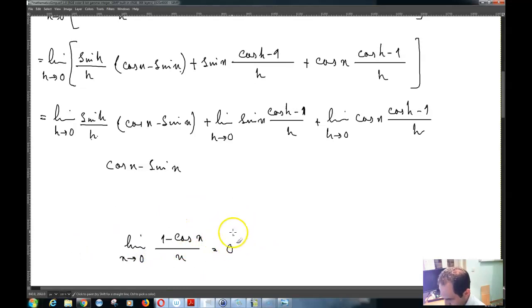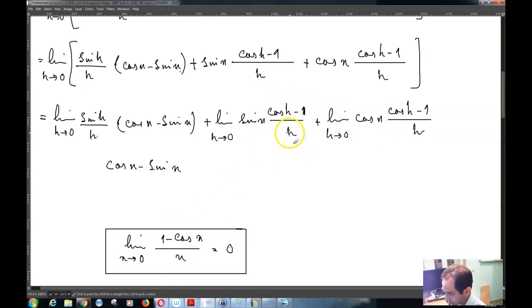And we proved this, so this works. What that means is that over here, instead of 1 minus cos x over x, I have cos x minus 1 over x. So what I can do is multiply by a negative.